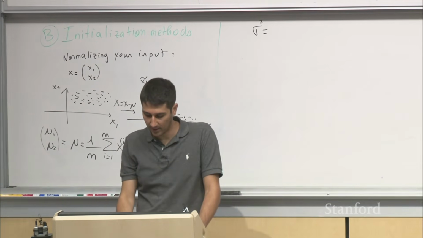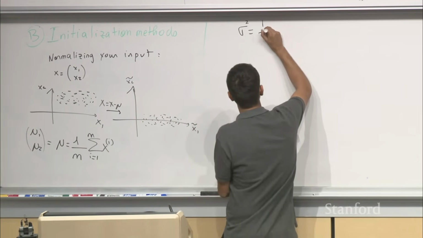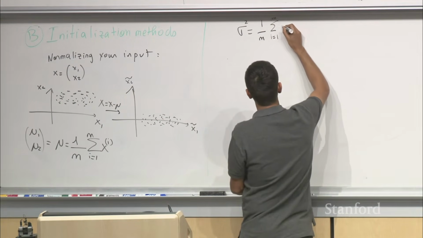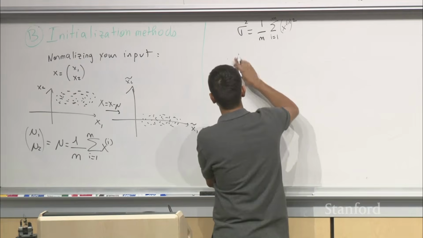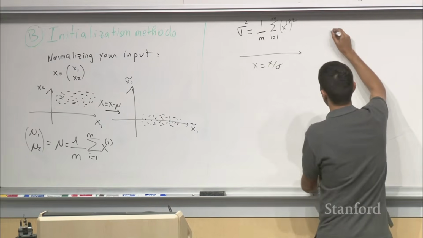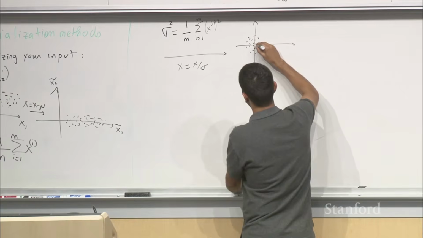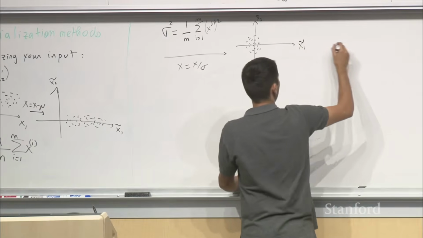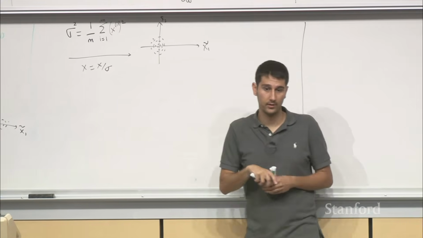And then you will divide by sigma squared. So you would do that, and you would make the transformation of x being equal to x divided by sigma. And it will give you a graph that is centered. Okay. So you usually prefer to work with centered data.